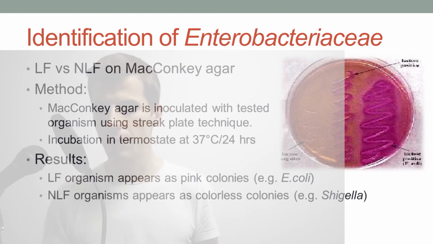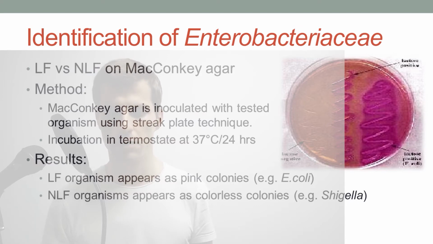One kind of identification of Enterobacteriaceae is lactose fermenting versus non-lactose fermenting bacteria. And here we have an example of MacConkey Agar. MacConkey Agar is a kind of culture media which has two functions. The first one is selective and the second one is differential.